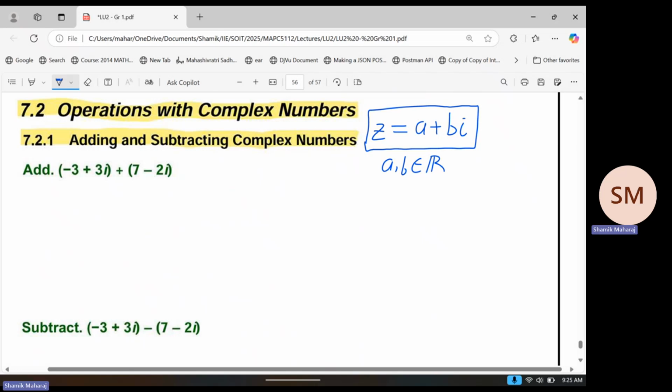Okay, so we can see all the examples at the bottom have this form. Add these two numbers together, both of them have the form something plus or minus something with an i. Adding these two numbers together, we just take the real part and add them together, then take the imaginary part and add them together. The part with an i is called imaginary.